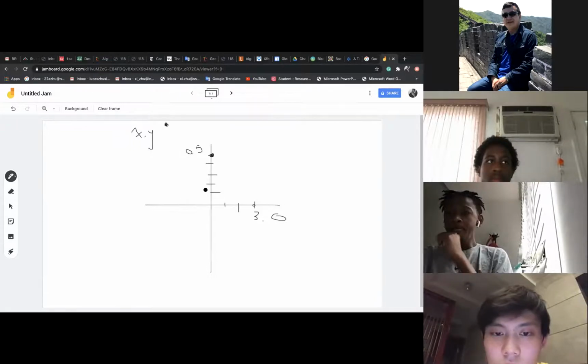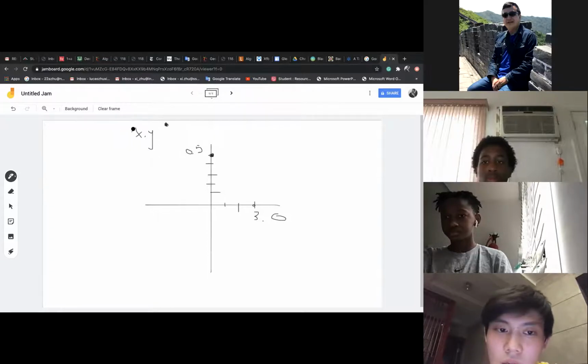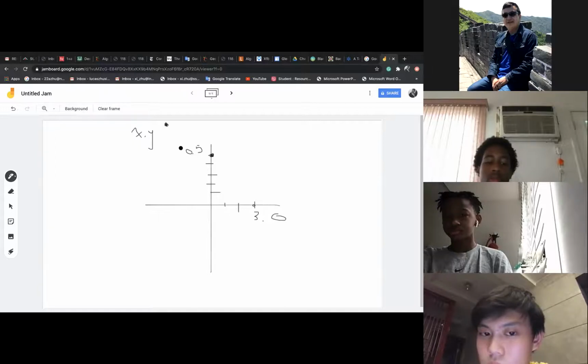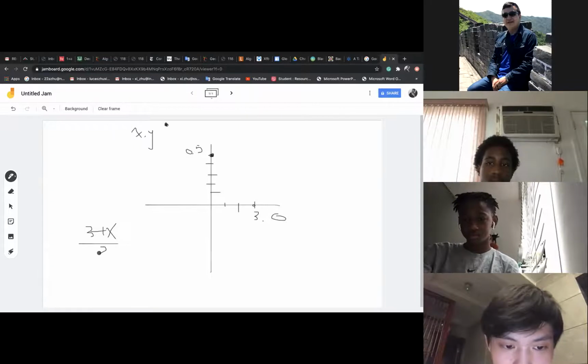But we know the midpoint formula: the first x value plus the second x value divided by 2 equals the midpoint value, right? So (3 + x) divided by 2 equals 0.